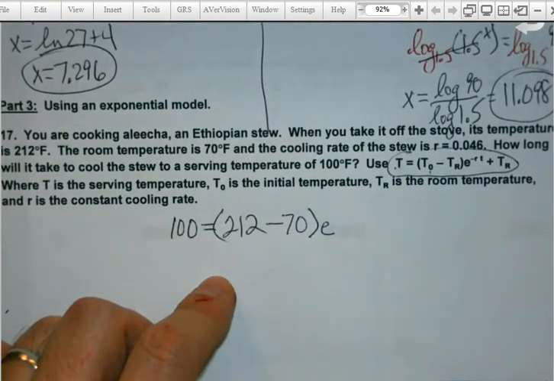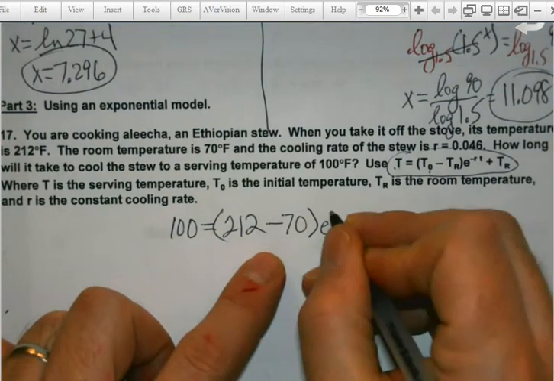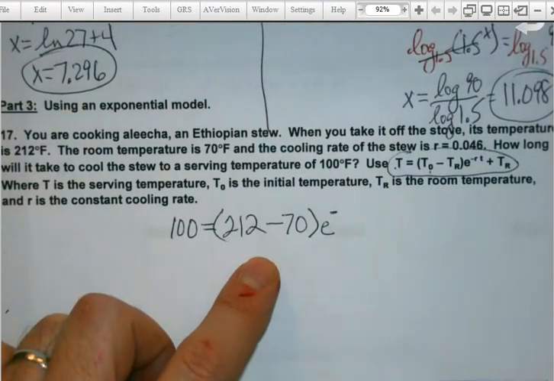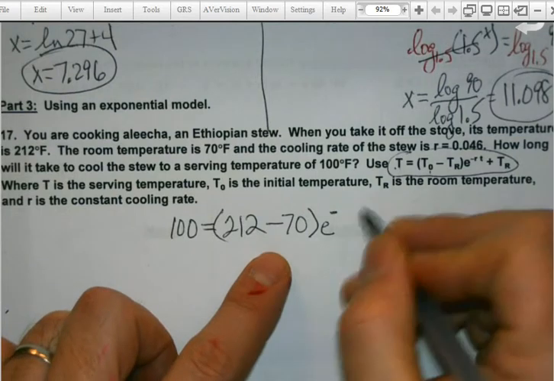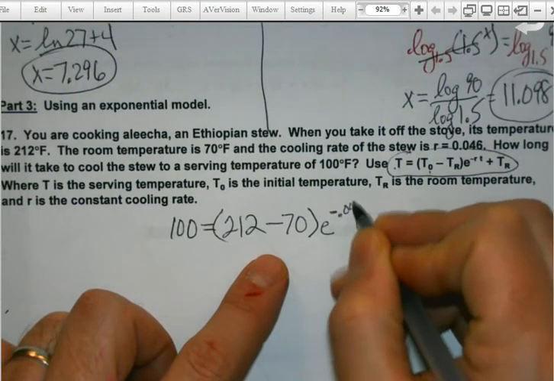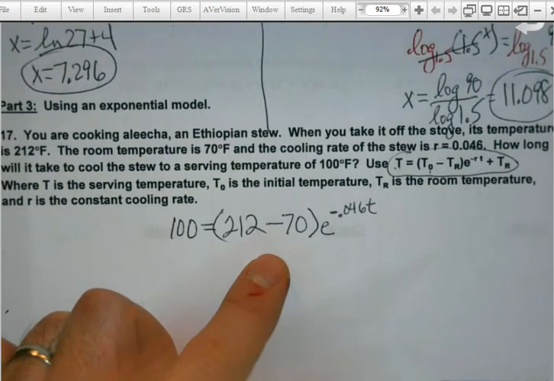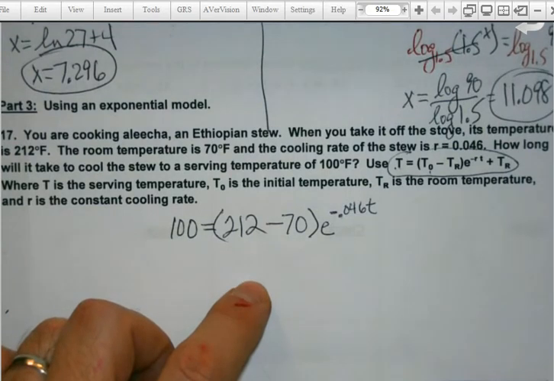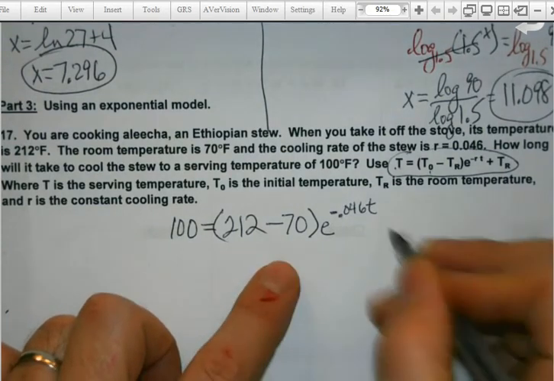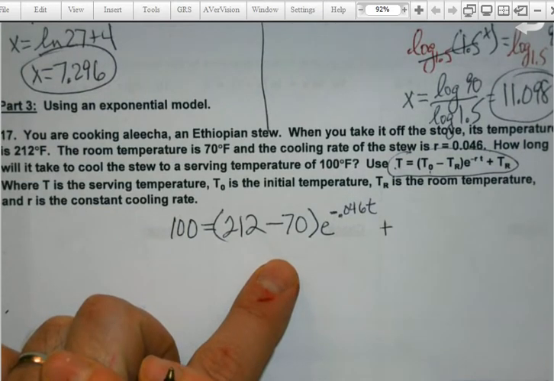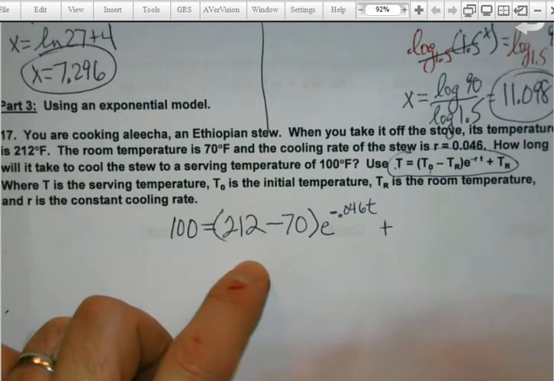So then we get to here, we're like, okay, e to the negative rt. 0.046. We don't know how much time. Oh, that's t. That's what we're trying to figure out. Plus the room temperature again.